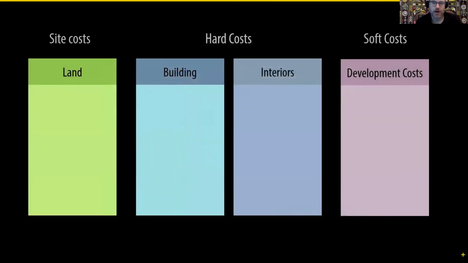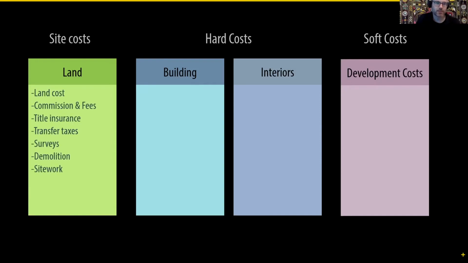When we're thinking about costs, we think about basically some basic categories when we're looking at buildings: site costs, hard costs, and soft costs. The site costs are basically the land costs, the commission and the fees for acquiring the land, title insurance, transfer taxes, surveys, demolition, site work, anything that has to do with the land.